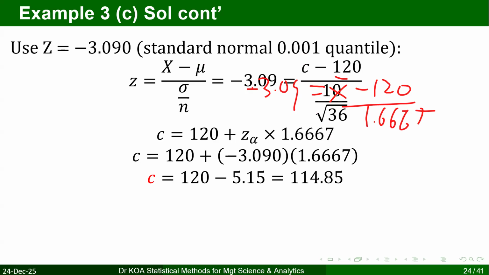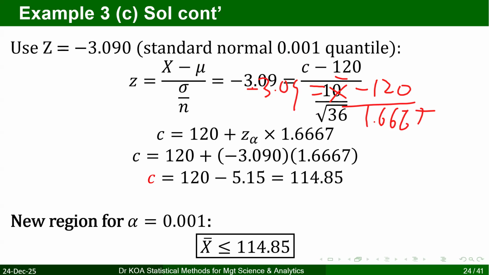So what does this mean? It means that if there is a 0.1% chance, then the critical value that can help you get that 0.1% is 114.85. So the new region for this one is going to be 114.85.